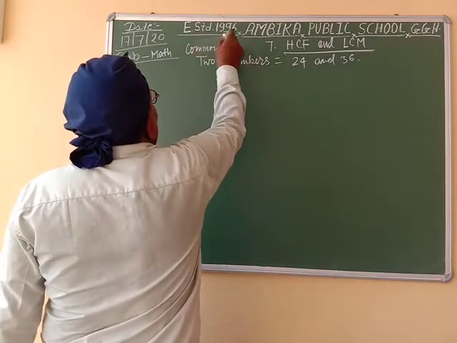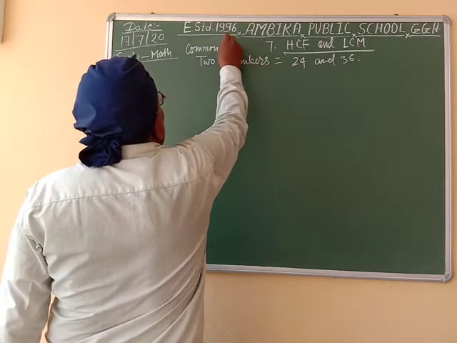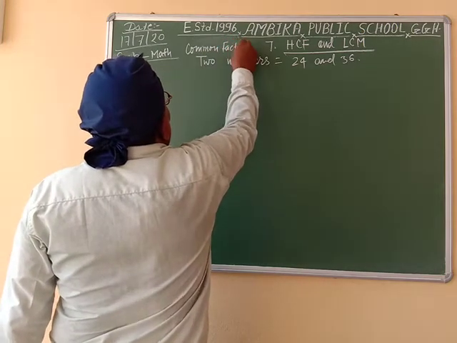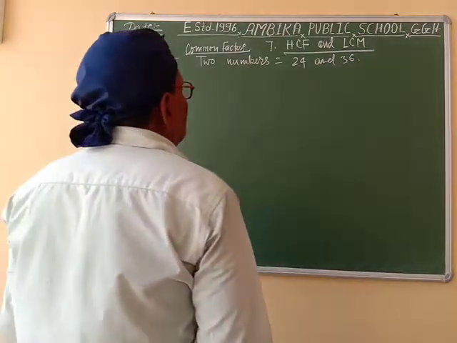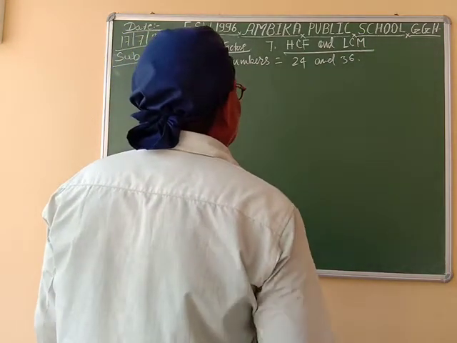Common factors. Let us consider two numbers are 24 and 36.